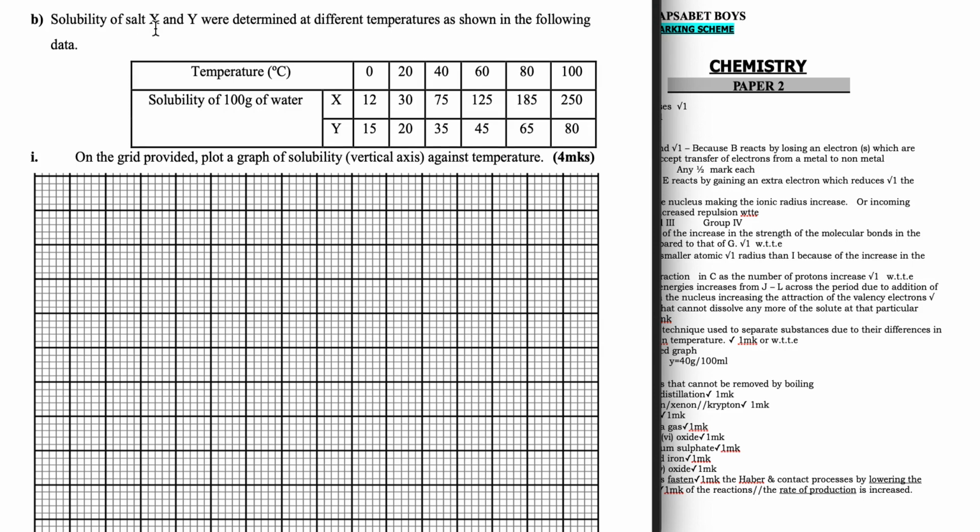Solubility of salts X and Y were determined at different temperatures as shown in the following data. Temperature in degrees Celsius and solubility per 100 grams of water for X and Y. On the grid provided, plot a graph of solubility, which is the vertical axis, against temperature.